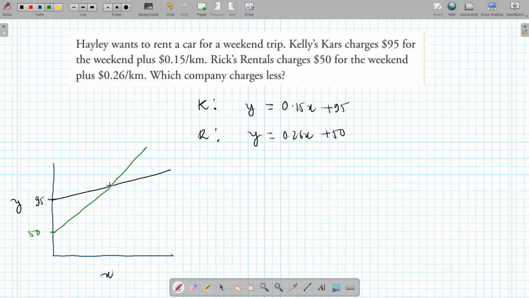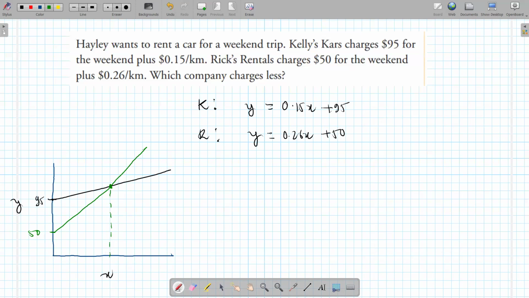What happens at this point? Which one would you pick at this point? It doesn't matter. At that point, it doesn't matter. So to answer this question, we have to determine this point, and that'll give us the kilometers driven. If Haley drives less than this many kilometers, then you want to go with the green line.